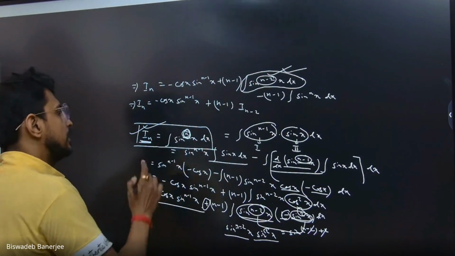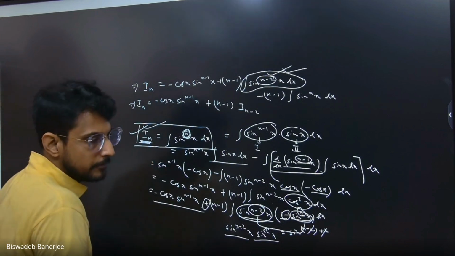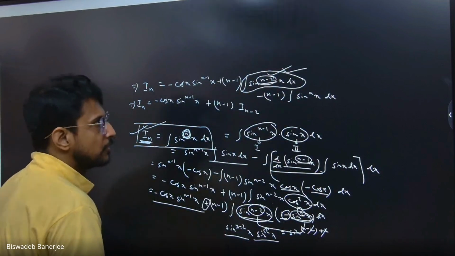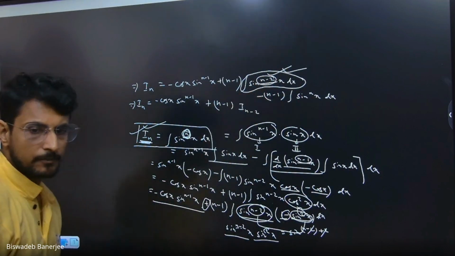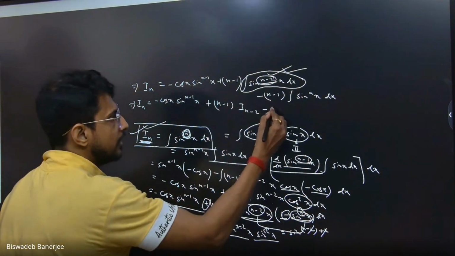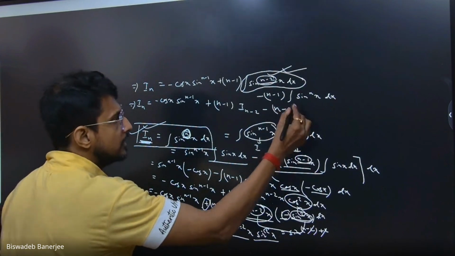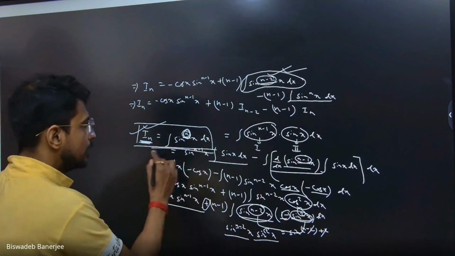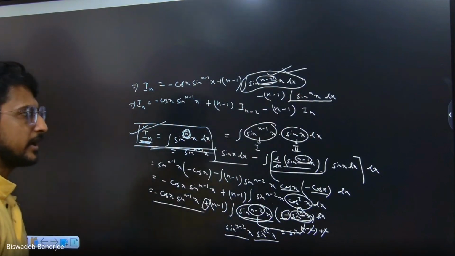If the power is n, this is said to be IN. So here my power is n minus 2, so this must be IN minus 2. And finally, there is simply my IN again.